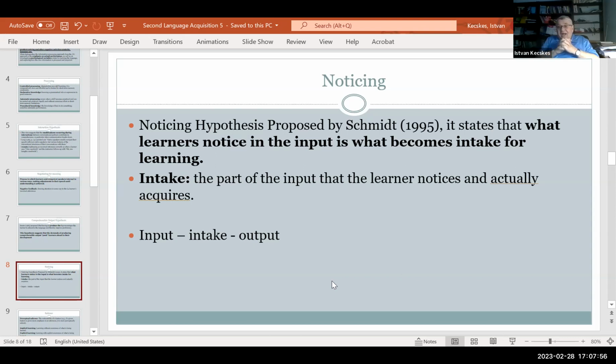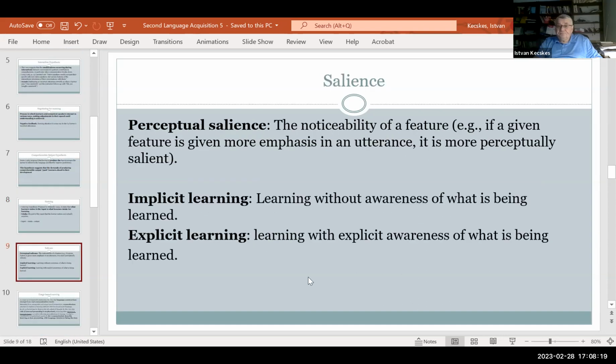However, it overemphasized noticing, because we just mentioned that learning can happen without noticing as well. So it is not just noticing. But definitely the notion of input is very, very important for us. And the second very important thing that the noticing theory called our attention to was perceptual salience.